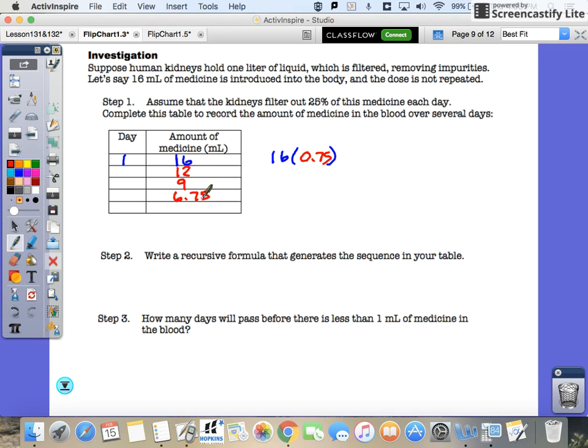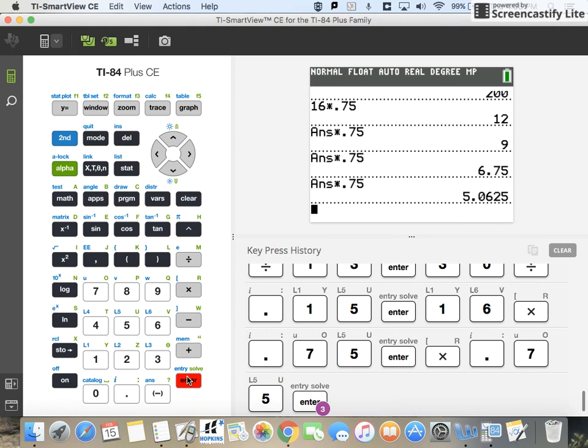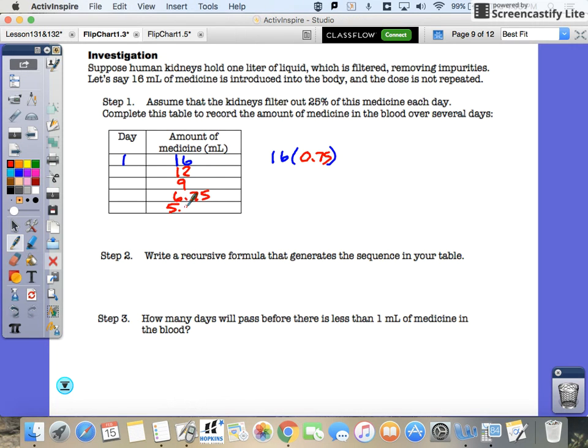Let's do one more: 5.0625. So day 2, you've only got 12 units left. Day 3, there's 9. Day 4, there's 6.75 units. And then by the 5th day, you're down to a little over 5 units of the medicine.